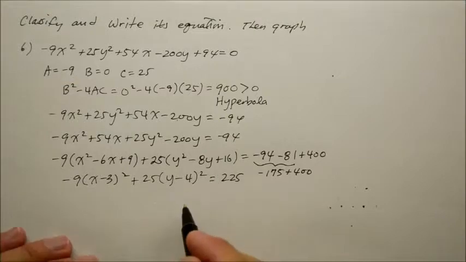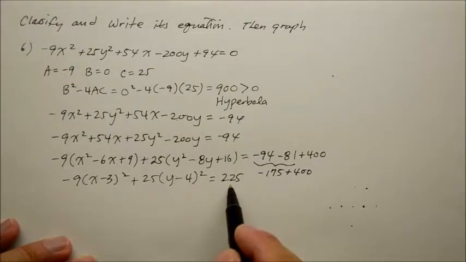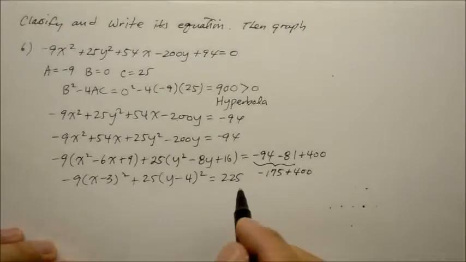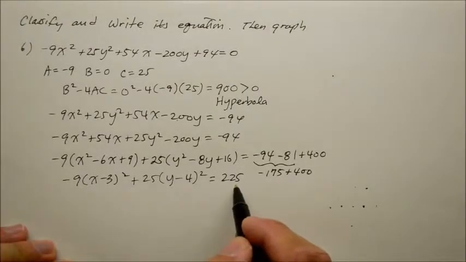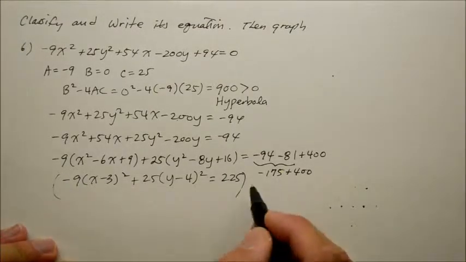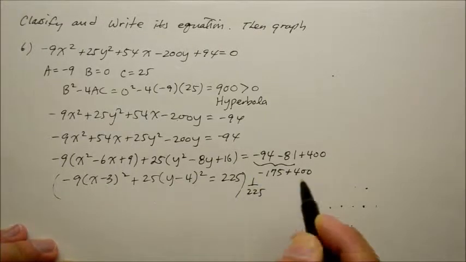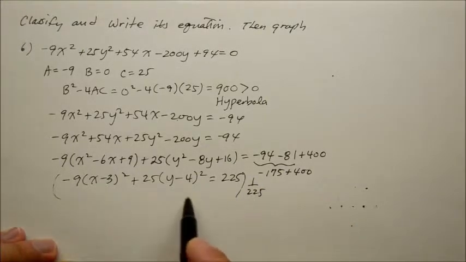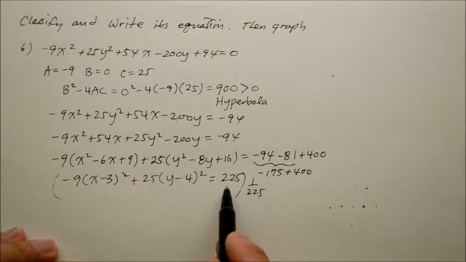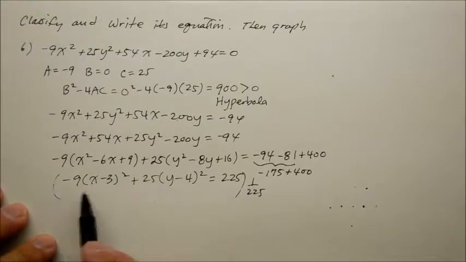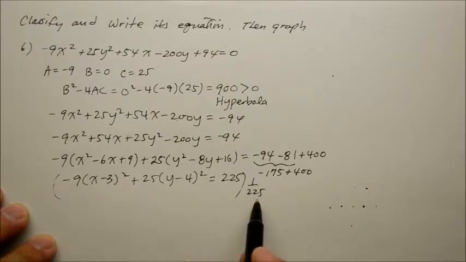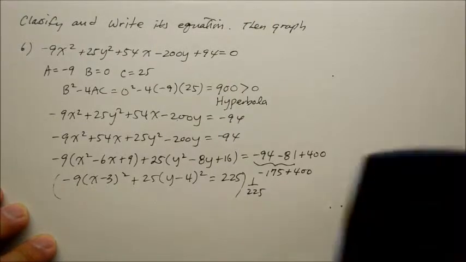Yeah. Now, how do I get rid of this 225 and make it into a 1 so we can make it into a standard form? We simply take the reciprocal of the constant 225. So that's going to be 1 over 225. And then we do our distributive property to each of the expressions in a term. So, if you multiply the first expression with the x, the leading coefficient negative 9 reduces 225. How many? I don't know.